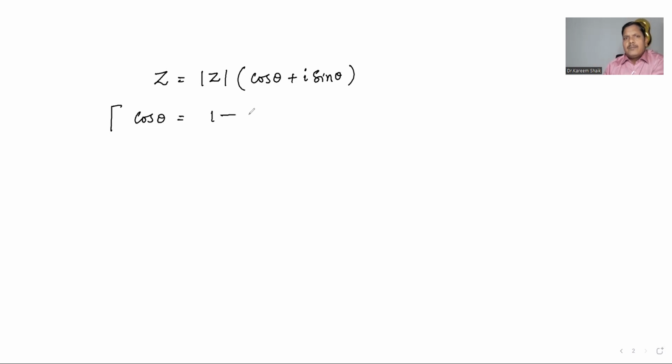1 minus theta square upon 2 factorial plus theta raised to 4 upon 4 factorial minus theta power 6 upon 6 factorial plus theta power 8 upon 8 factorial and so on.